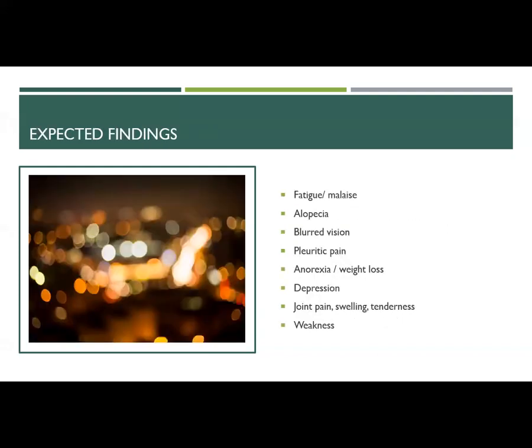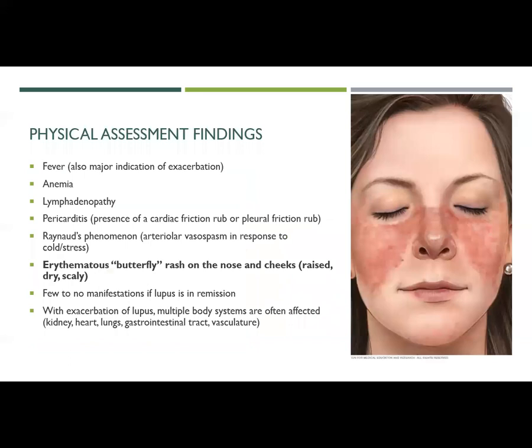So these are your expected findings. It can be things like fatigue, some general weakness, alopecia, blurred vision, pleuritic pain, anorexia or weight loss, depression, joint pain, swelling, tenderness, and weakness.